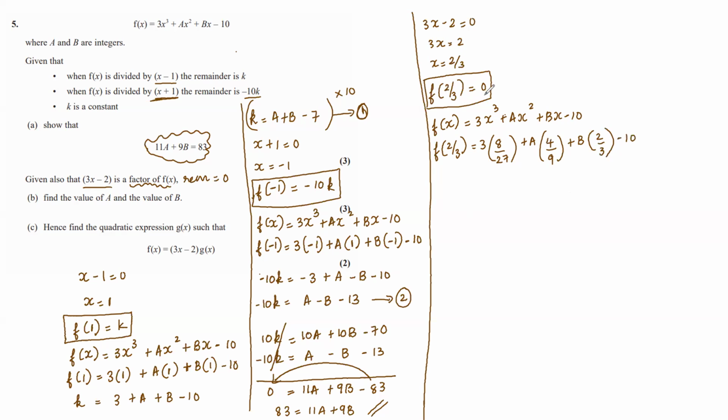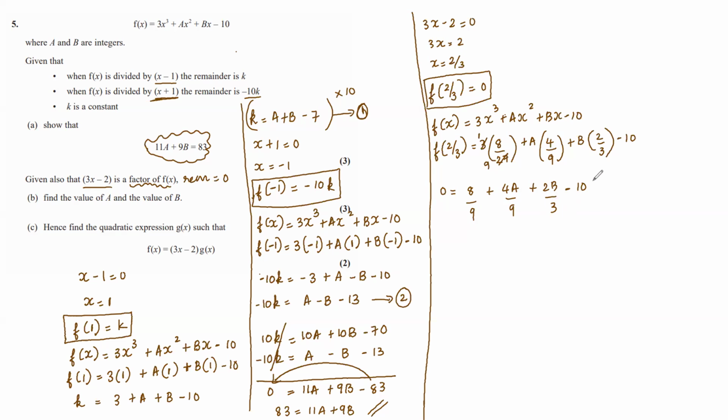And we know that f of 2 by 3, the remainder is 0. So instead of f of 2 by 3, we can take it as 0. 3 times 1 is 3 and 3 times 9 is 27. So this becomes 8 over 9 plus 4a over 9 plus 2b over 3 minus 10.